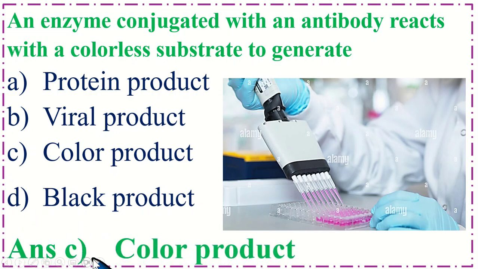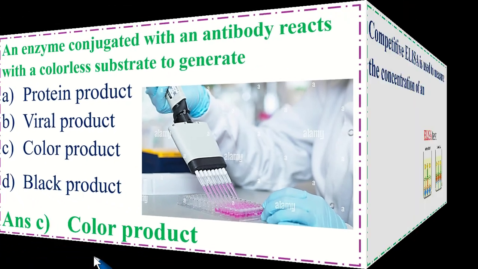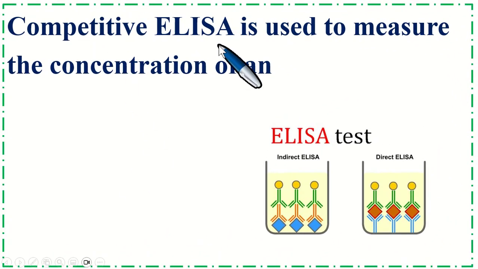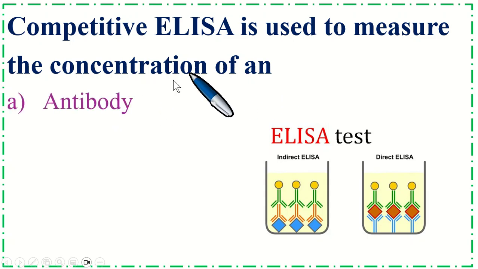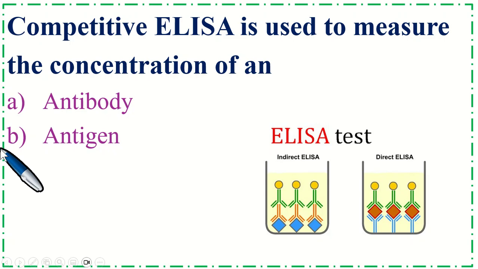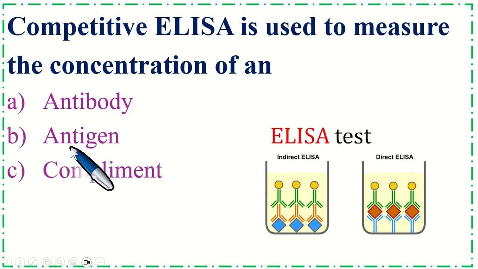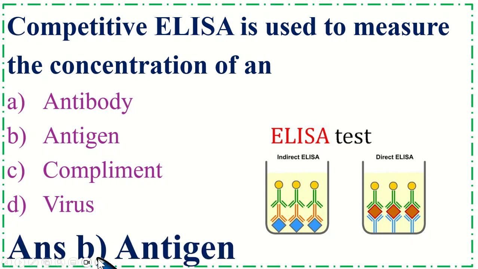Correct option is C, color product. Competitive ELISA is used to measure the concentration of an option A, antibody; B, antigen; C, complement; option D, virus. Correct option is B, antigen.